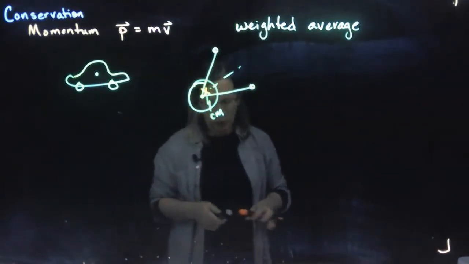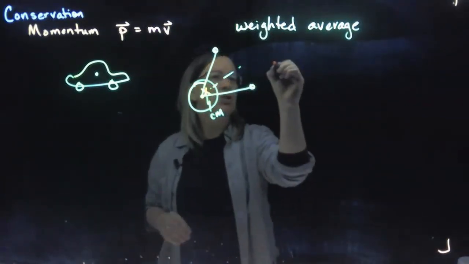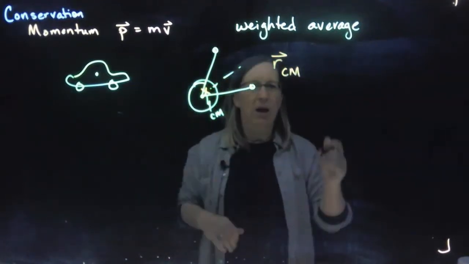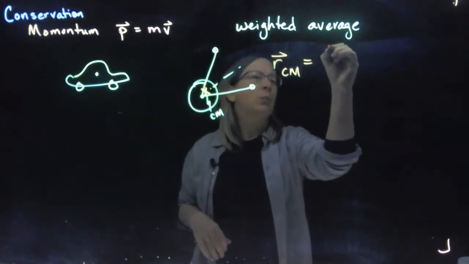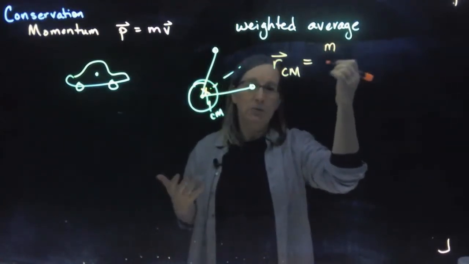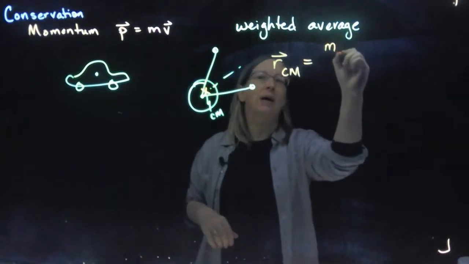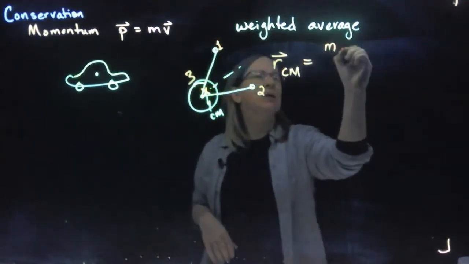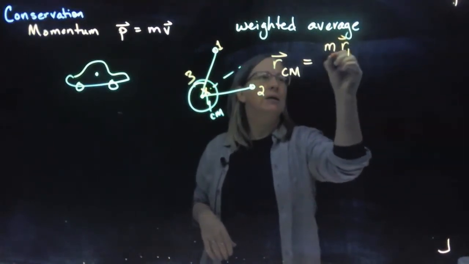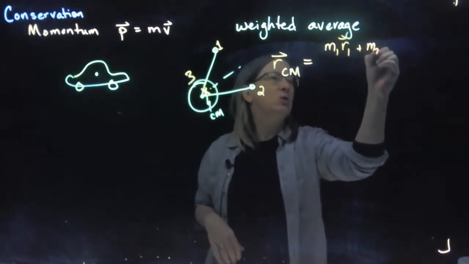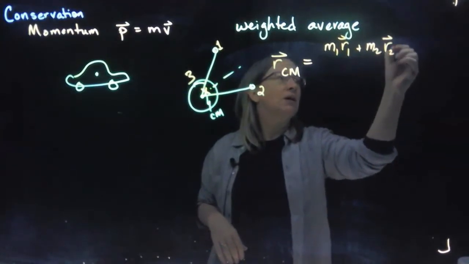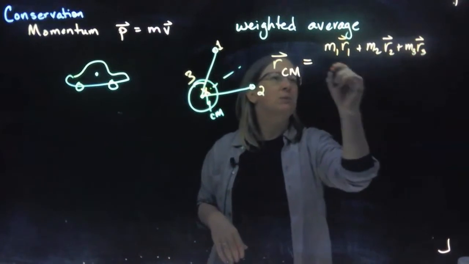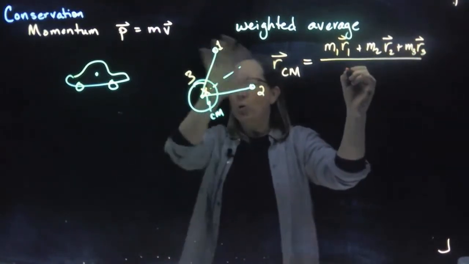but these two sort of pull the center away towards their side, okay? So this is a weighted average given mathematically by the position of the center of mass is equal to the position of each object times its mass. It's weighted by its mass. So if this is mass 1, 2, and 3, we would say, well, where mass 1 is times its mass plus mass 2 times its mass plus mass 3 location times its mass, all divided by the total mass of the system.